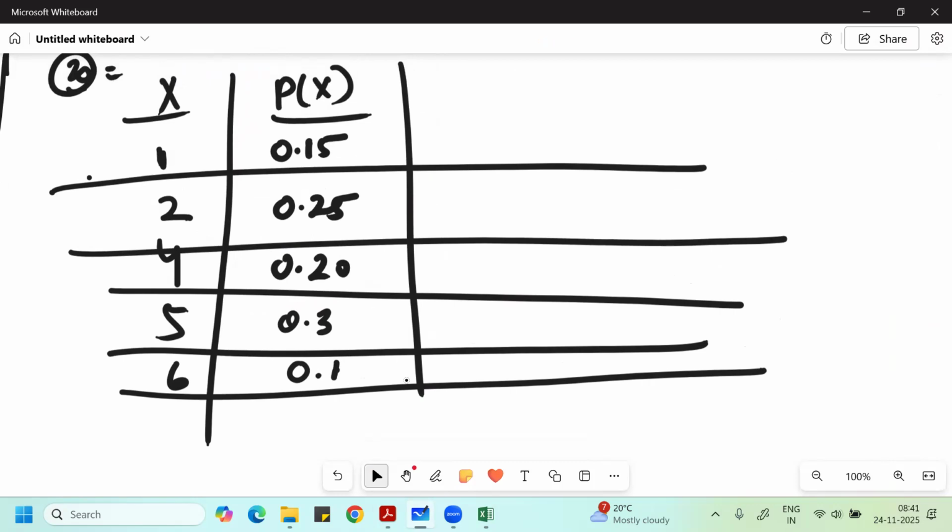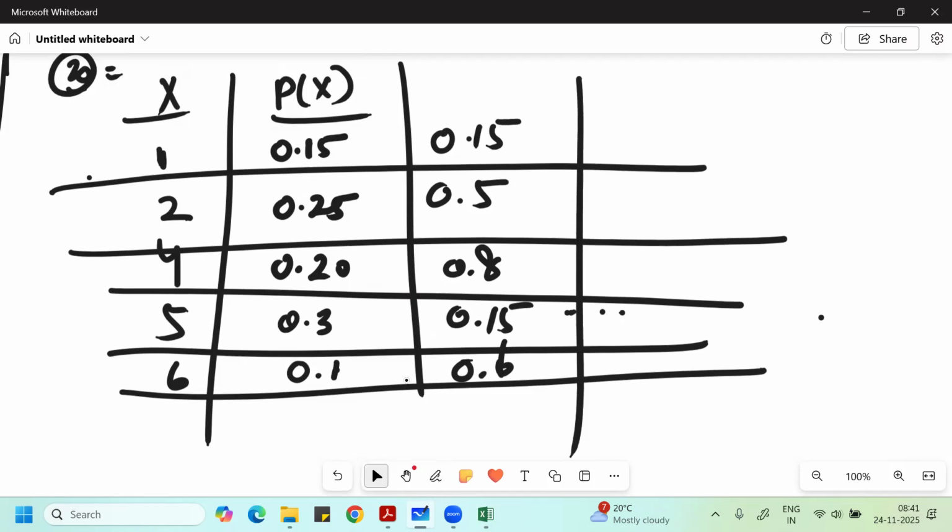So we can find the expected value by multiplying these: 0.15, then 0.5, then 0.8, 0.15, then 0.6. The sum total of this will give you the expected value.